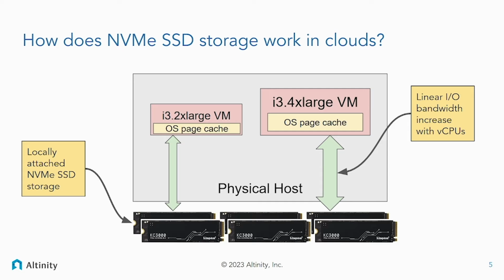If you go to a 4xlarge, which has 2 times the number of CPUs, you're going to double the bandwidth. Basically, the number of vCPUs you have is a proxy for how much bandwidth you get. We can actually measure this and prove that it works, at least in the case that I tested.